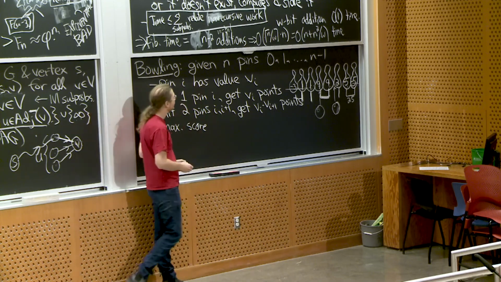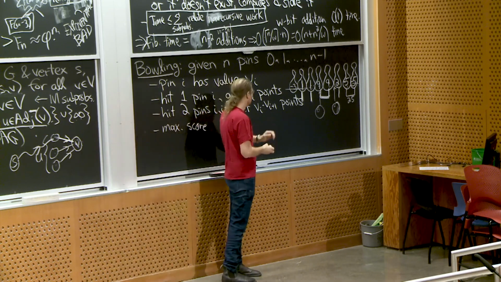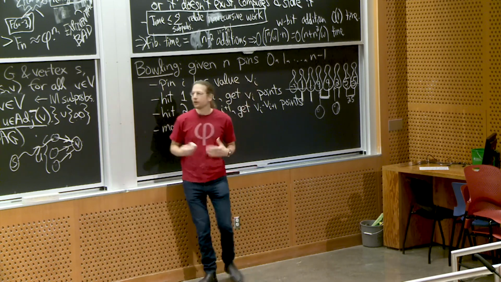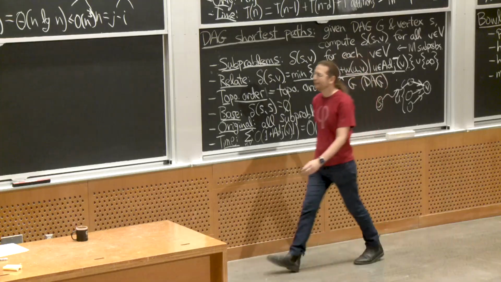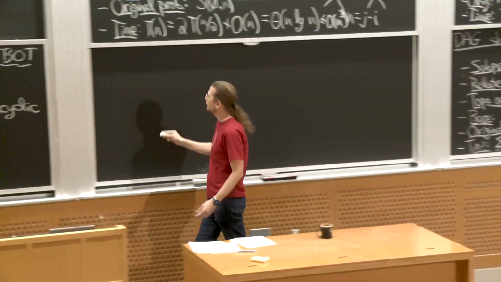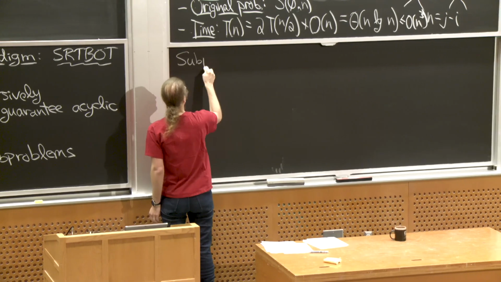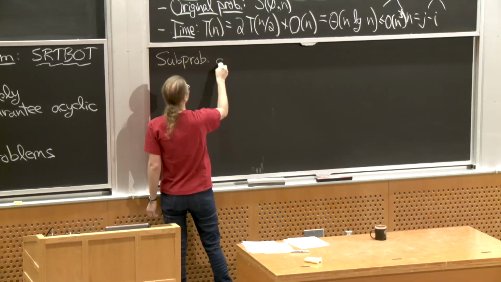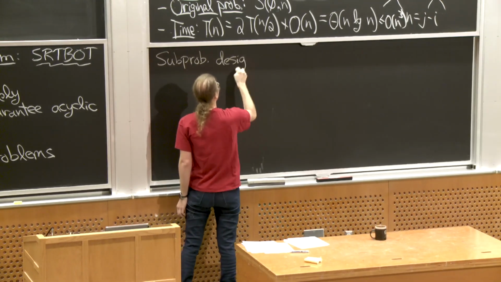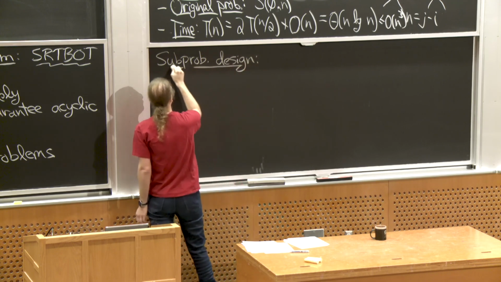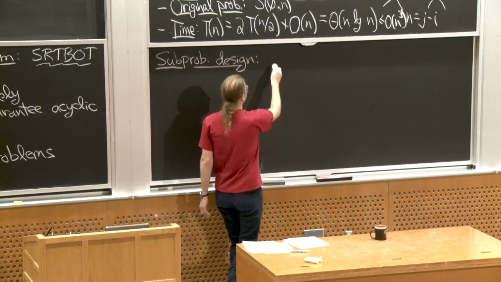A general tool for subproblem design, which will cover most of the problems, maybe all of the problems that we see in this class for dynamic programming. Here's a trick.